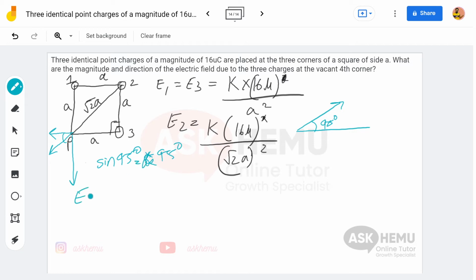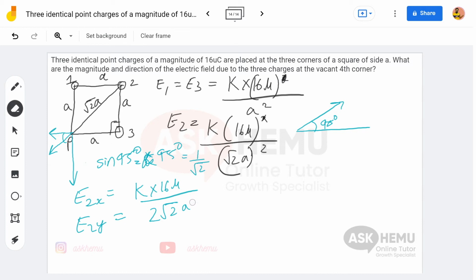So E2x, which I can add only with E1, and E2y, which I can add only with E3, will both have the same value, just as we expected: k into 16 microcoulomb divided by 2 root 2 a squared. In the denominator I have 2 root 2 a, because I have already solved for the root as well.